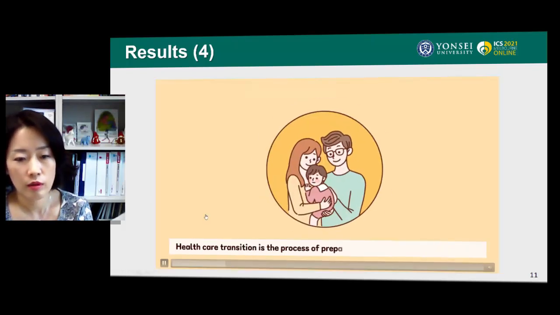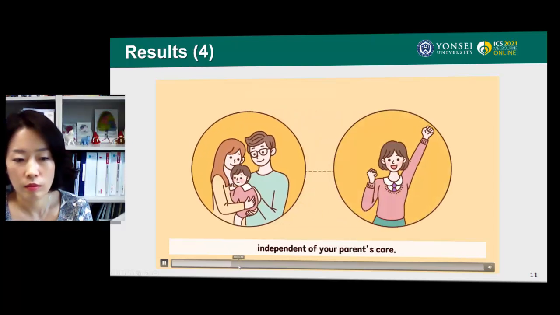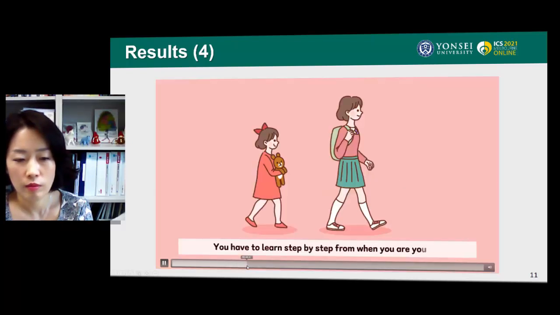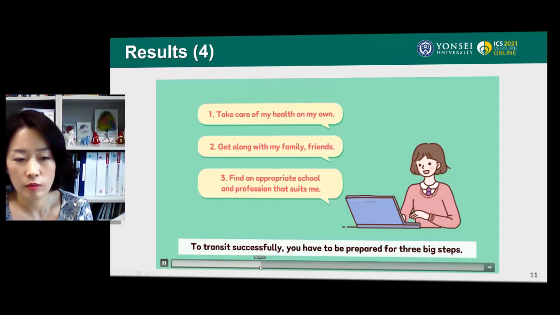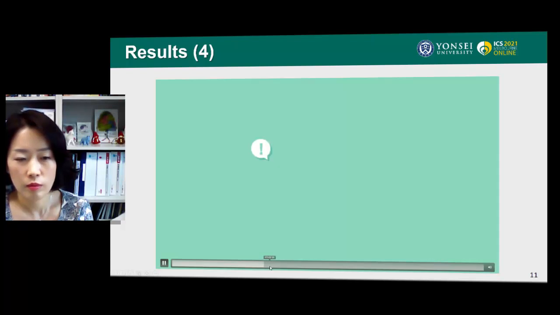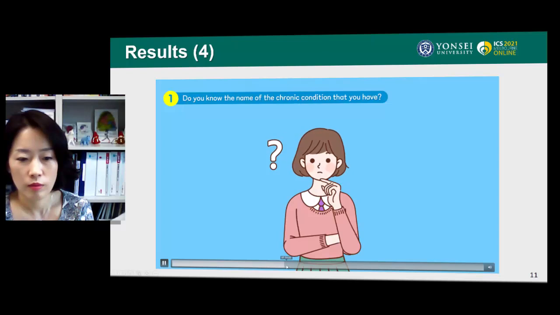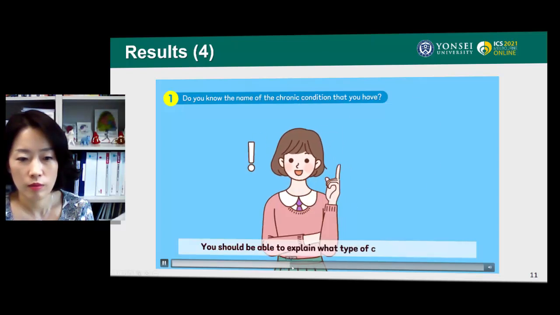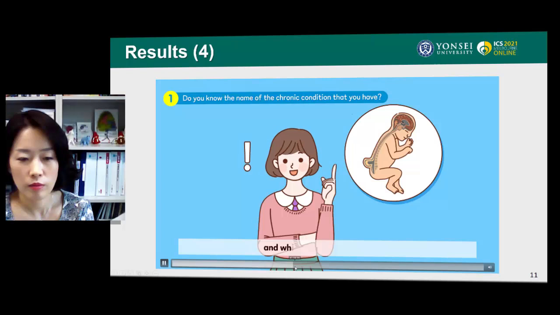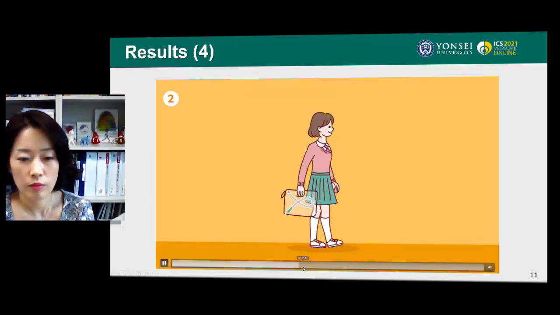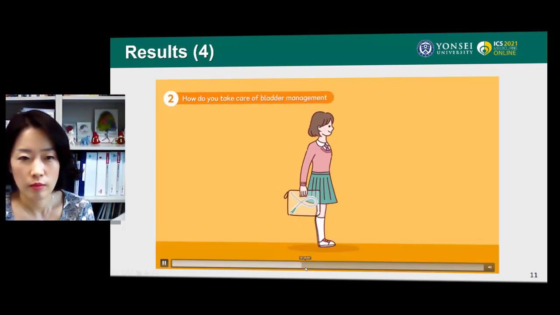Healthcare transition is the process of preparing to take care of your own health independent of your parents' care. It doesn't happen all at once. You're young. Big steps. Then, for those 3 steps, shall we take a look at how to prepare? 1. Do you know the name of the chronic condition that you have? Explain what type of condition you have and which symptoms you have. 2. How do you take care of bladder management?